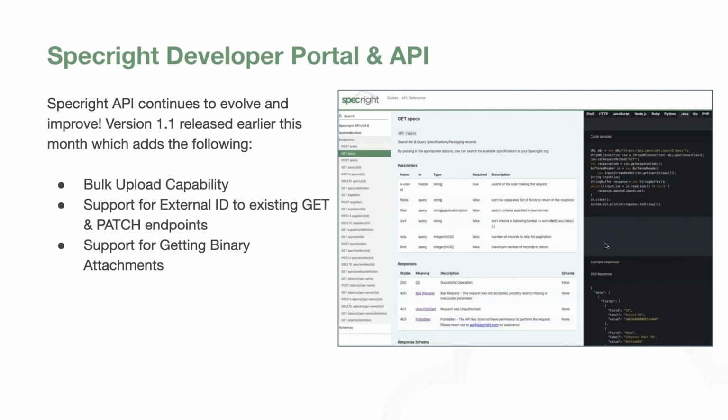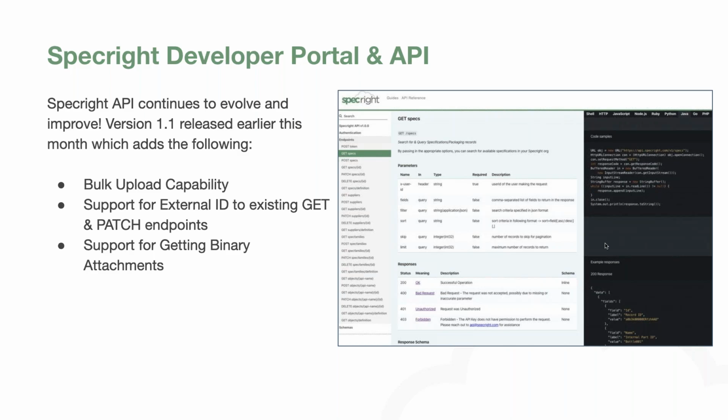Just a quick mention. So this is mainly for your IT teams and for your developers in-house. So we have recently launched the SpecRite API at the beginning of this year, right? And currently it's in version 1.1. So, we have several clients that have existing integrations with SpecRite and are building new ones. And the SpecRite API really makes it very, very easy to build the integration to your liking, right?